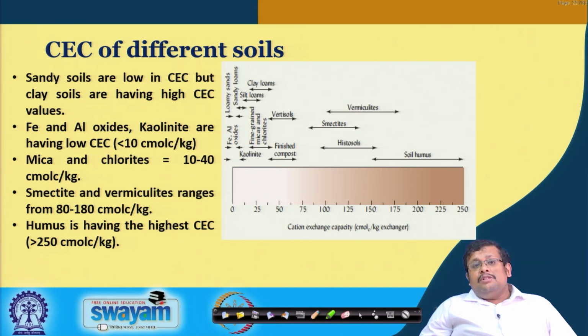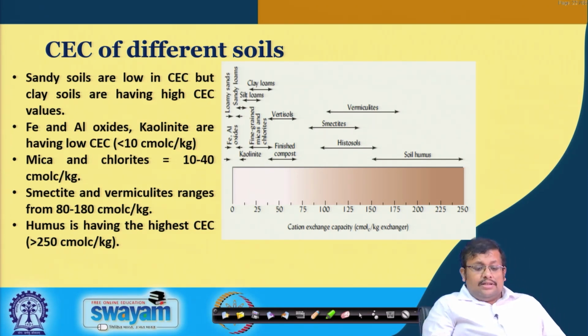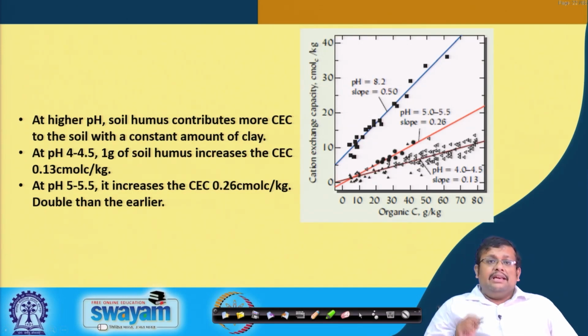Smectite and vermiculite show high cation exchange capacity. However, iron aluminum oxides and kaolinite show low cation exchange capacity, because they generally do not produce very high negative charge. Their charge is pH dependent. Mica and chlorites also produce very low charge. At higher pH, soil humus contributes more CEC to the soil for a constant amount of clay.